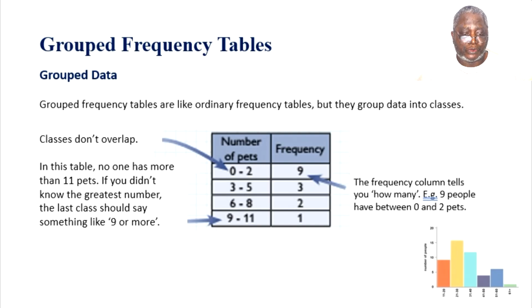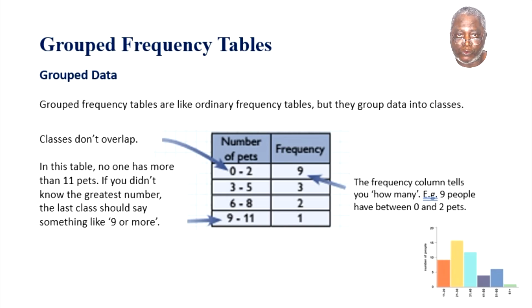We now look at grouped frequency tables. Grouped frequency tables are like ordinary frequency tables, but they group data into classes. Classes do not overlap. If you look at the arrow pointing under number of pets, the grouping is from 0 to 2, 3 to 5, 6 to 8, 9 to 11.